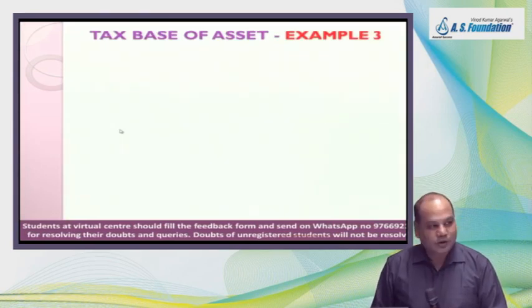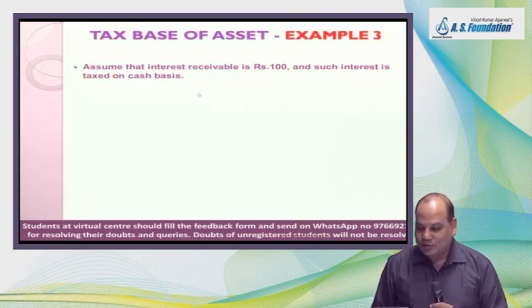But some knowledge of the Income Tax Act is required today, which I don't have, but you must be having definitely. Yes or no? Now, more than me at least. Assume that interest receivable is 100 rupees.